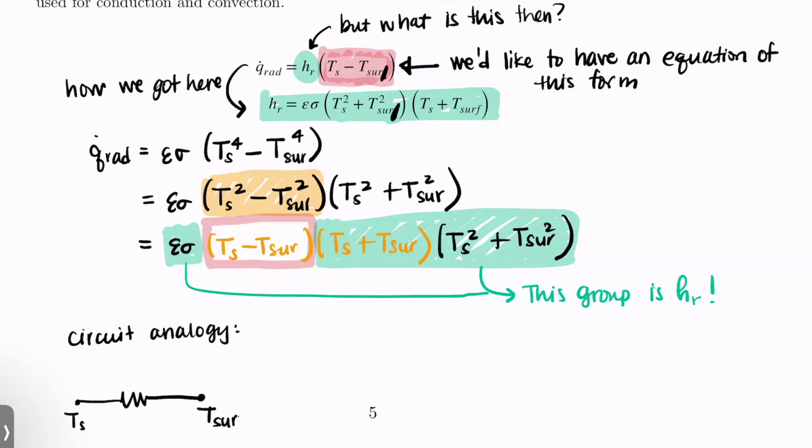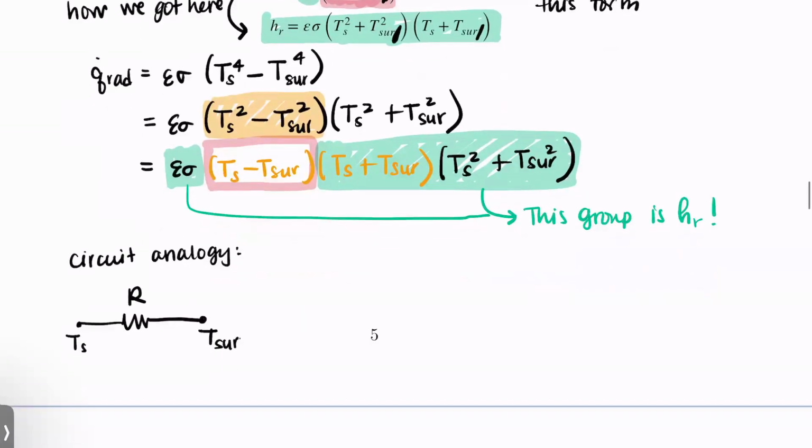It's surroundings, not surface. Sorry about that. I was in a convection state of mind when I wrote that, I guess. All right, and then in our circuit analogy, our resistor has a resistance R. R is equal to 1 over this HR term. And then also note that HR is going to be a function of both Ts and T sur.